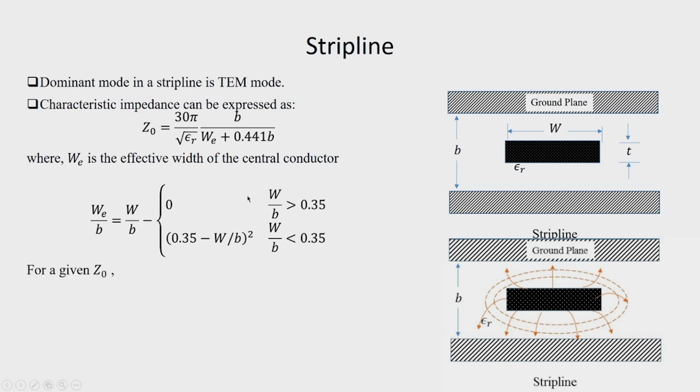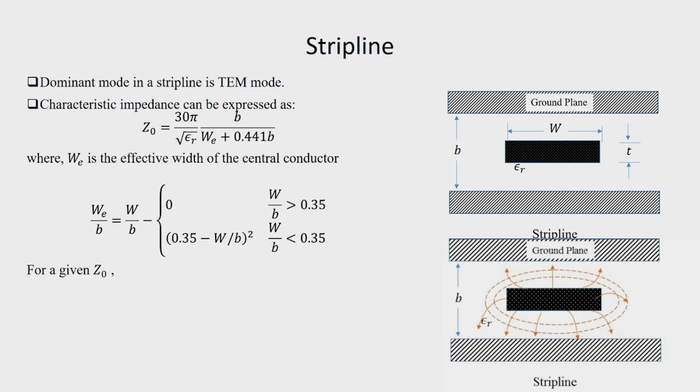So, this is when we know W by B and epsilon r. In that case we can calculate the characteristic impedance Z naught of the strip line.